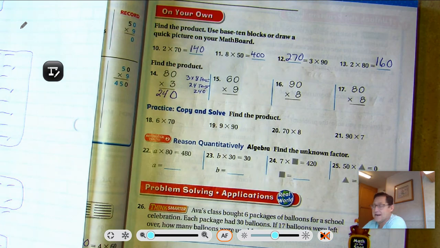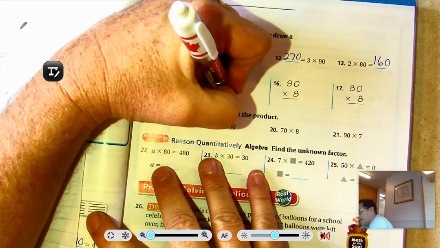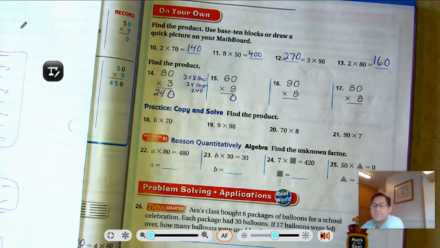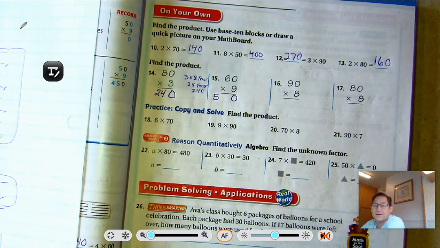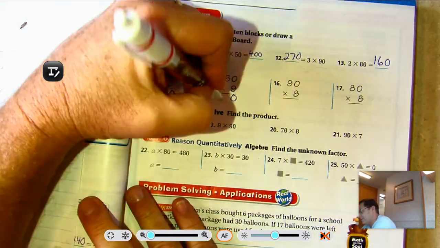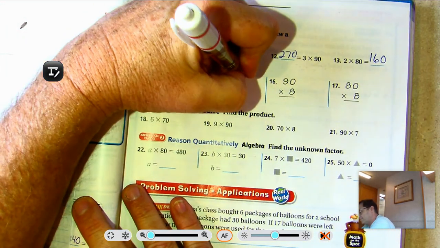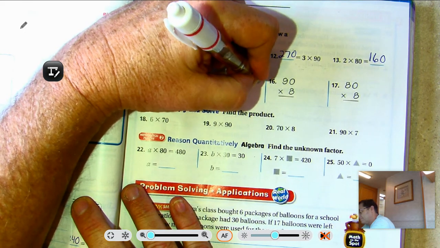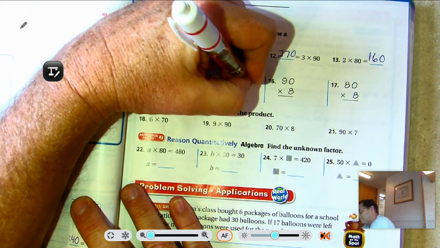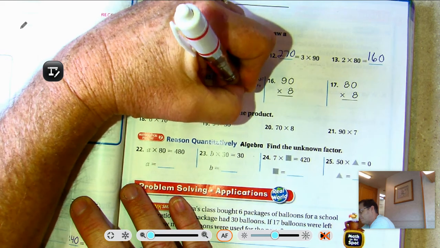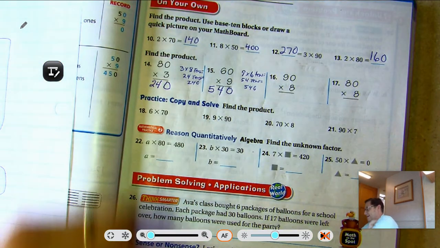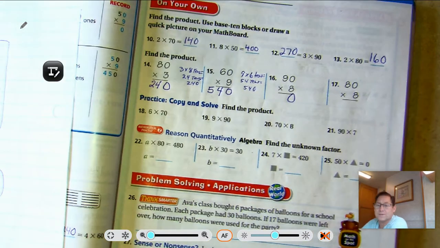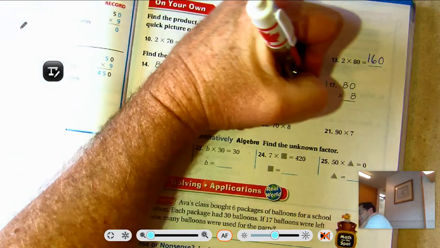60 times 9. 9 times 0 ones is 0. 9 times 6. We know the tens digit has to be a 5. So 9 times 6 is 54. 90 times 8. 8 times 0, 0 ones. 8 times 9 tens.